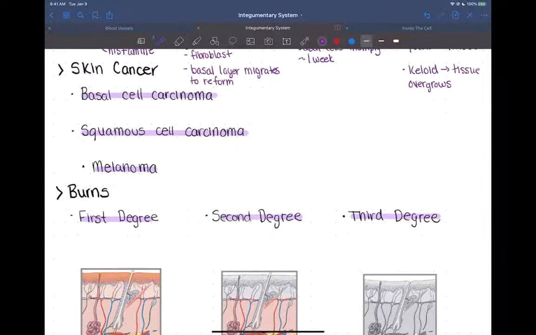And remember, cancer is an overproliferation of cells. So they're growing kind of without any regulation, right? They're growing out of control. So the cells in this case that are growing out of control are the cells of the stratum basale, right? Those mitotic cells.